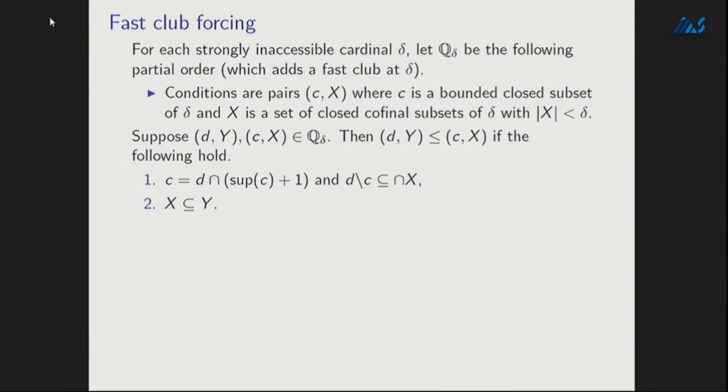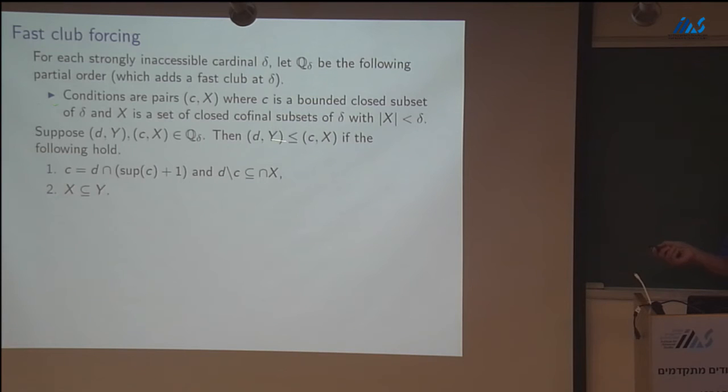Conditions are pairs (C, X). C is a bounded closed subset of delta. X is a set of closed cofinal subsets of delta of cardinality less than delta. If you have two conditions, I realize here it's very controversial what the order should be, but I'm a rebel, so we'll say this condition is stronger if C is an initial segment of D, and the difference, so all the things above the maximum element of C, are in all of the closed sets that were mentioned here.